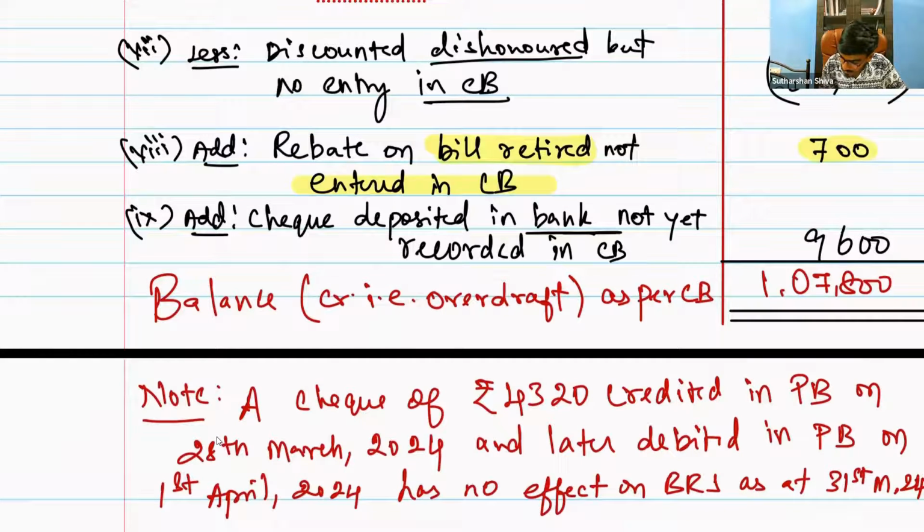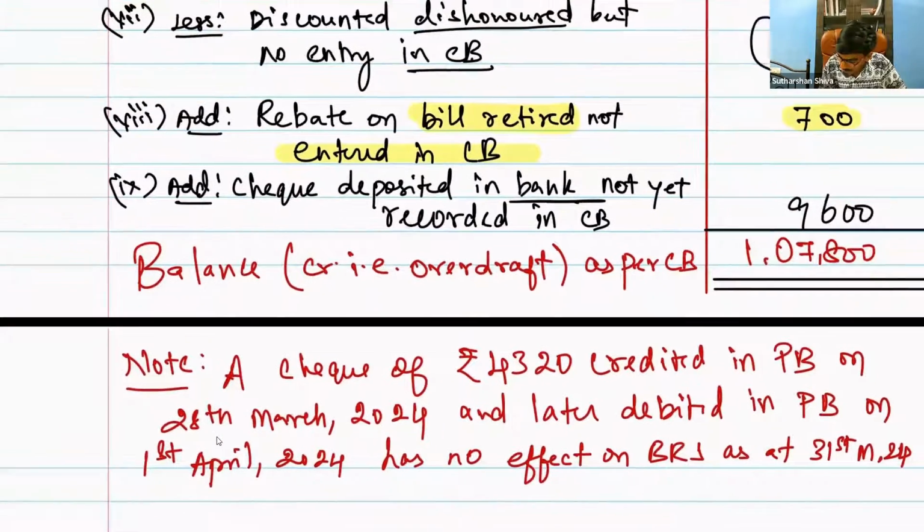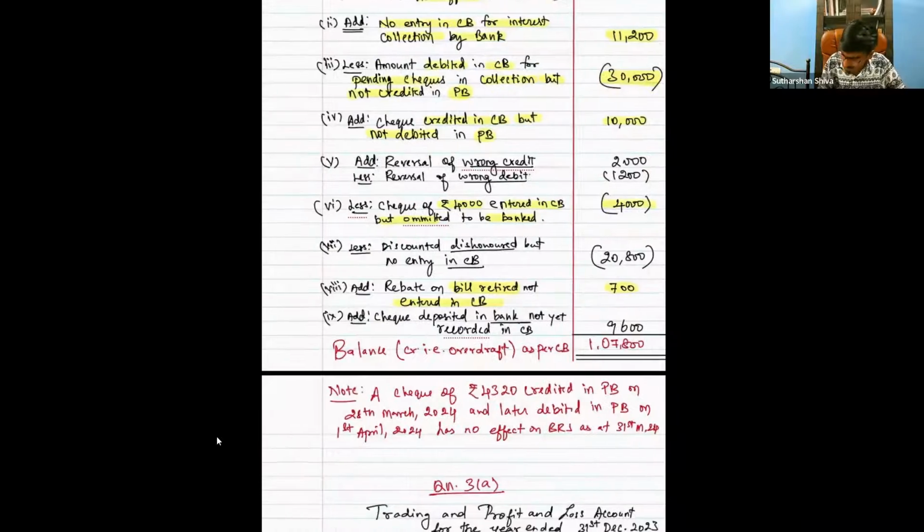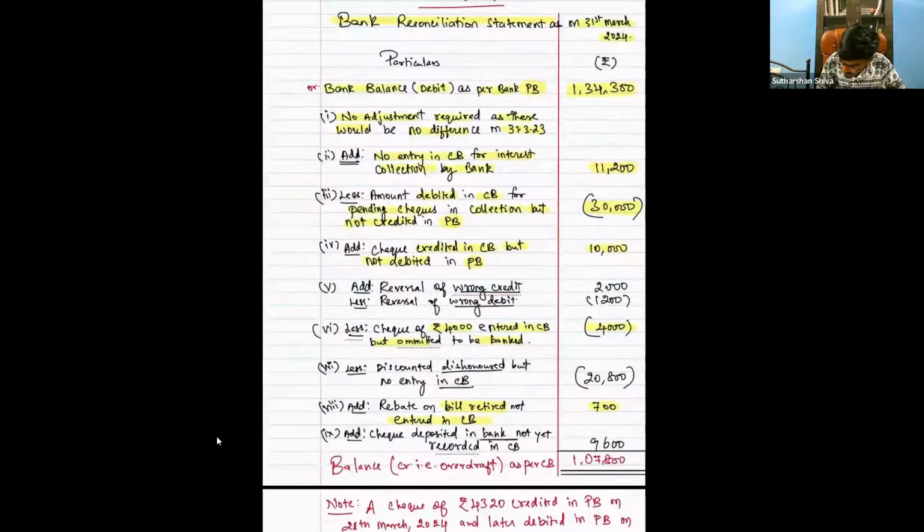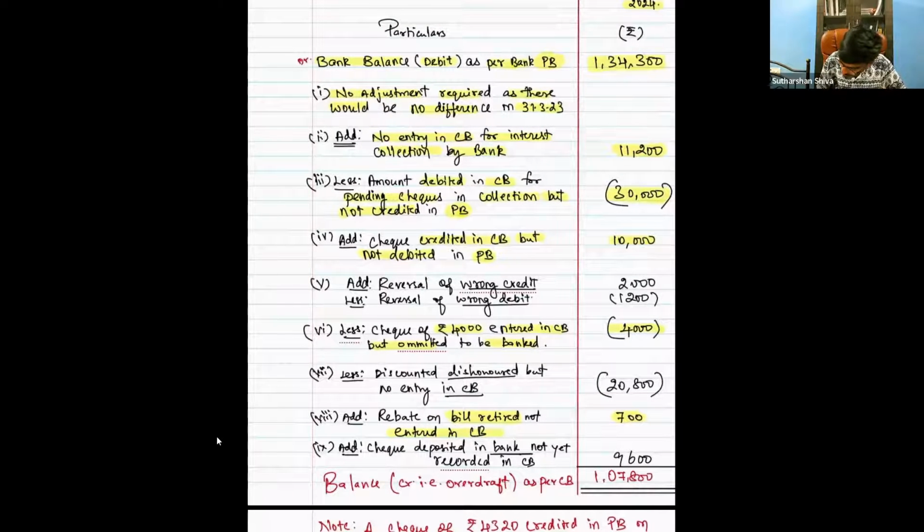If you add and subtract all the values, your final value will be 1,07,800. It is positive, so you will write it as balance as per cash book. If you want, you can write credit balance as per cash book or overdraft balance as per cash book.